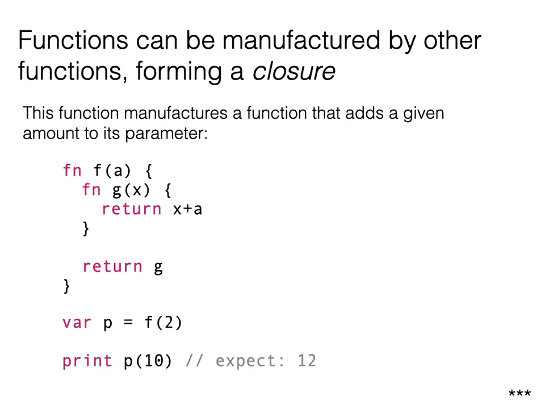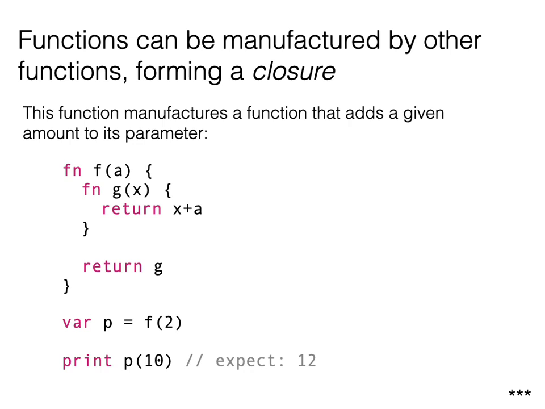A rather advanced topic, but a helpful one, is that functions can actually enclose variables that are passed to them. So here we have a function f that manufactures a function that gives a specific amount to its parameter.